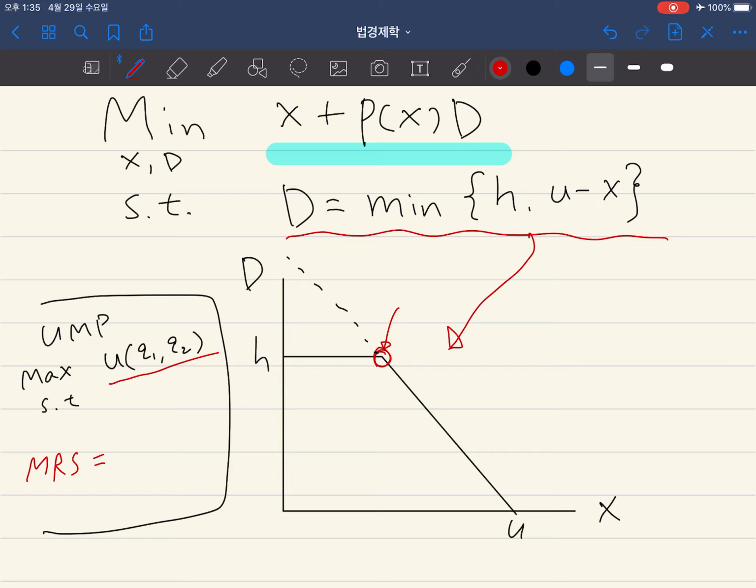Slope of indifference curve is MRS, and we can find the slope of indifference curve using this formula, mu1 over mu2. Here, mu1 is marginal utility from the first consumption good, and mu2 is marginal utility from the second consumption good. If we suppose the first good is apple and the second is banana, mu1 is marginal utility from apple and mu2 is marginal utility from banana.